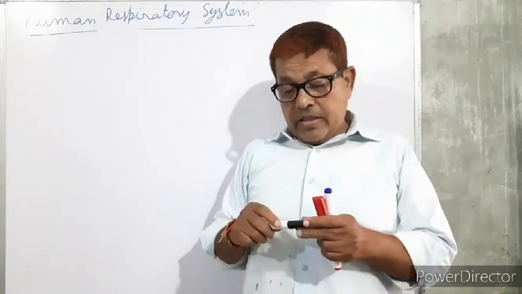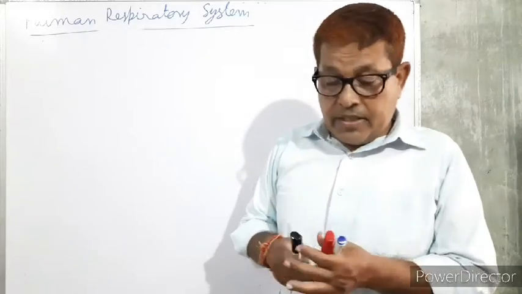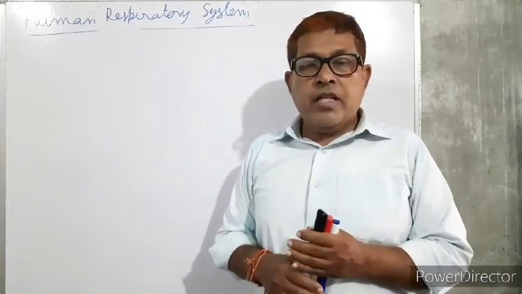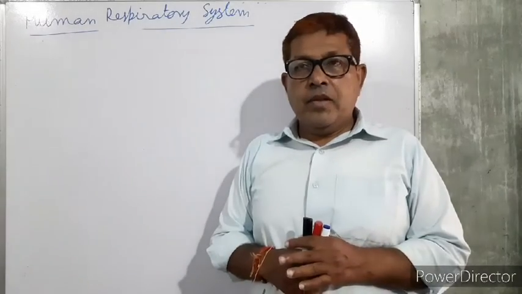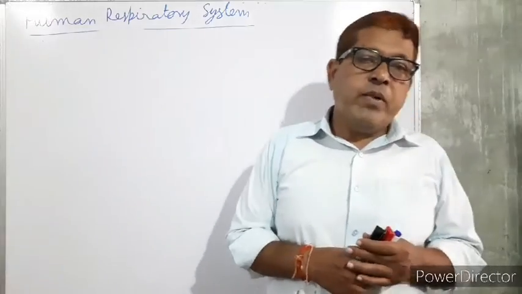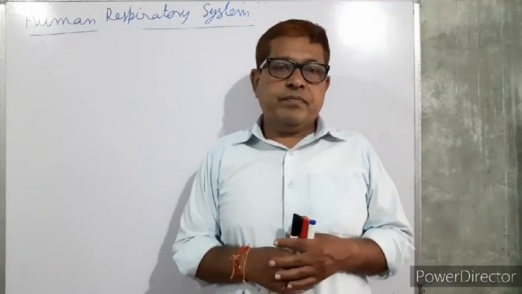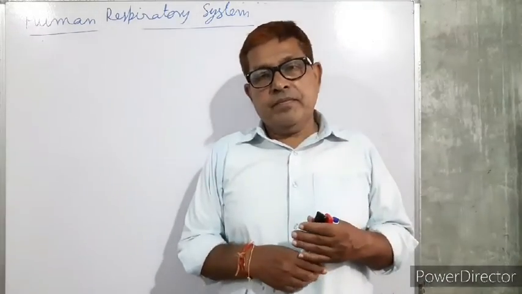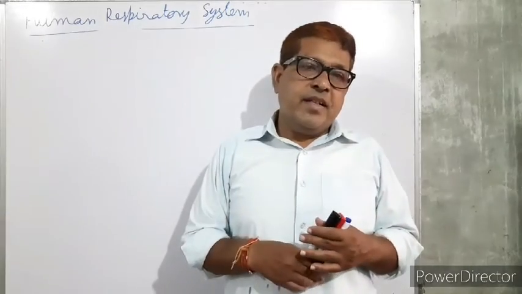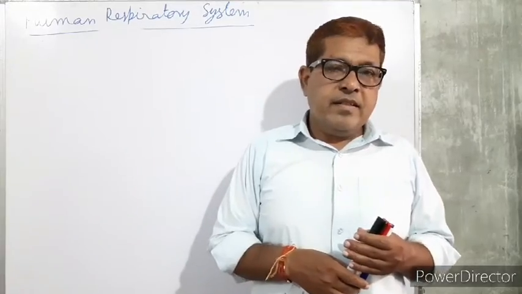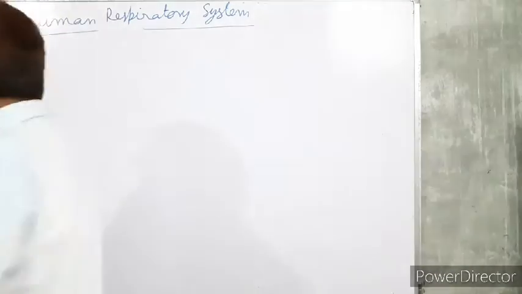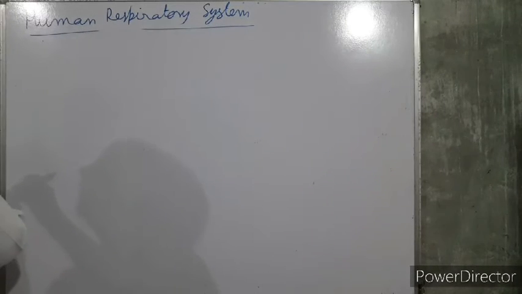Number one is the respiratory tract and the other is the respiratory organs. The respiratory tract provides the passage for the movement of air up to the lungs, and the lung is the respiratory organ. So we can study it as two parts.